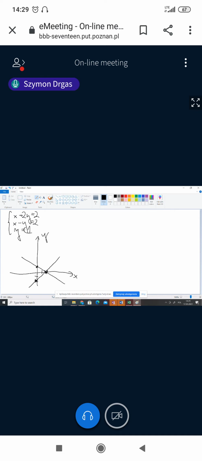So this is the second line, and the third line is y is equal to 1, so it will be a horizontal line. All pairs of these lines have common points, but there's no point that belongs to all 3 lines. So in this case we don't have any solutions.